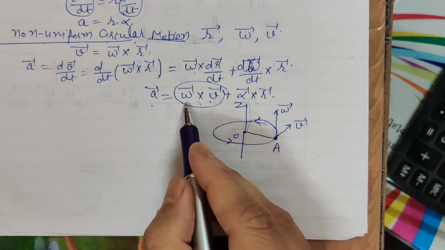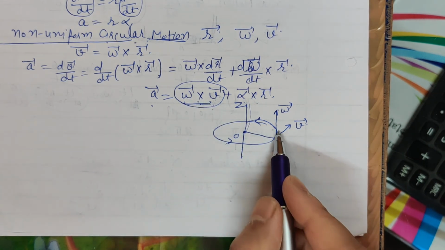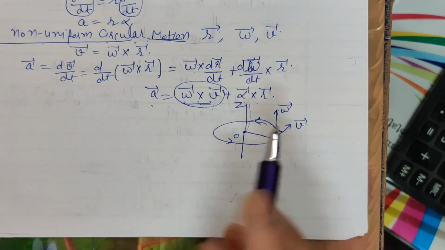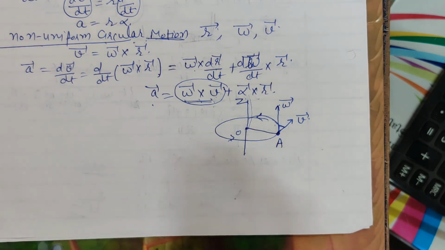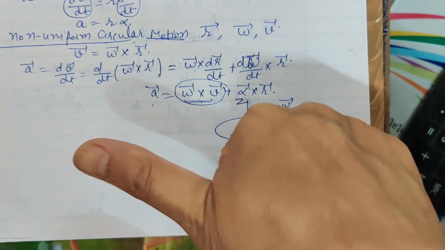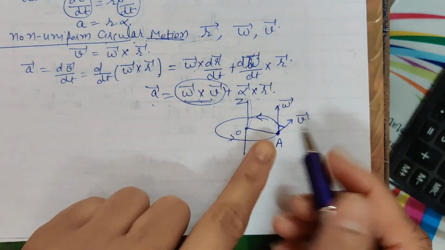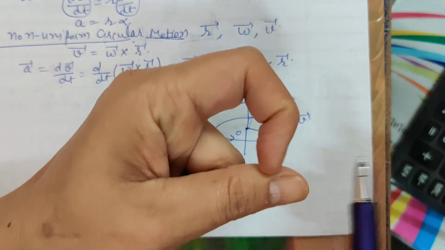Now we have this cross product, omega cross v vector, and what is the direction? V vector is transverse. When we apply the right hand thumb rule to omega cross v, where the v vector is along the tangent of the circular motion.